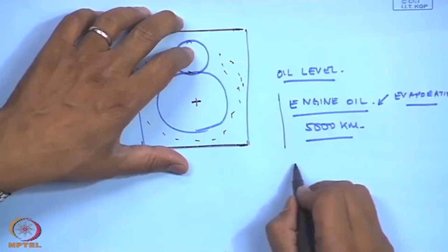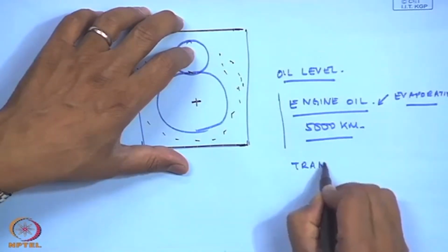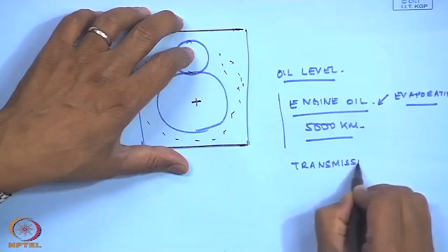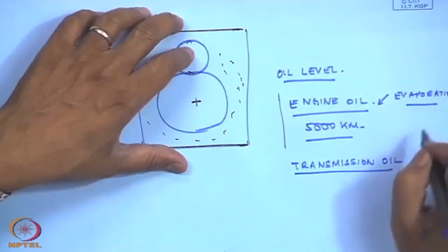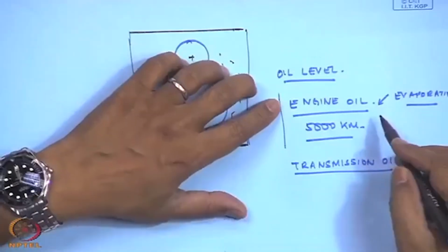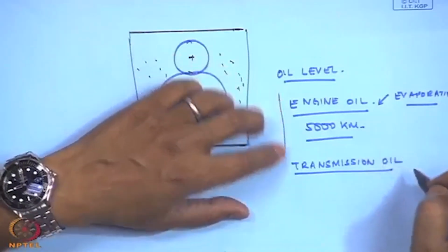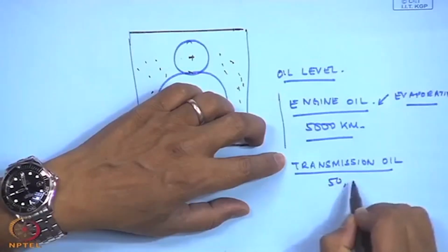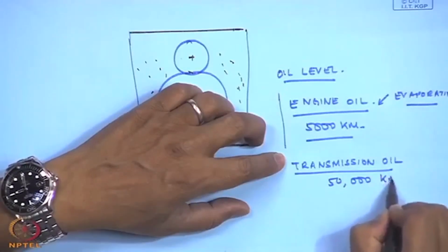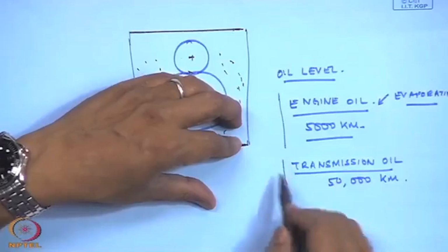But the another one is the transmission oil. So, transmission oil are not at a temperature as high as the engine oil. So, the evaporation loss is less, and maybe we only check them after 50,000 kilometers. And this is what is known as the gear oil.